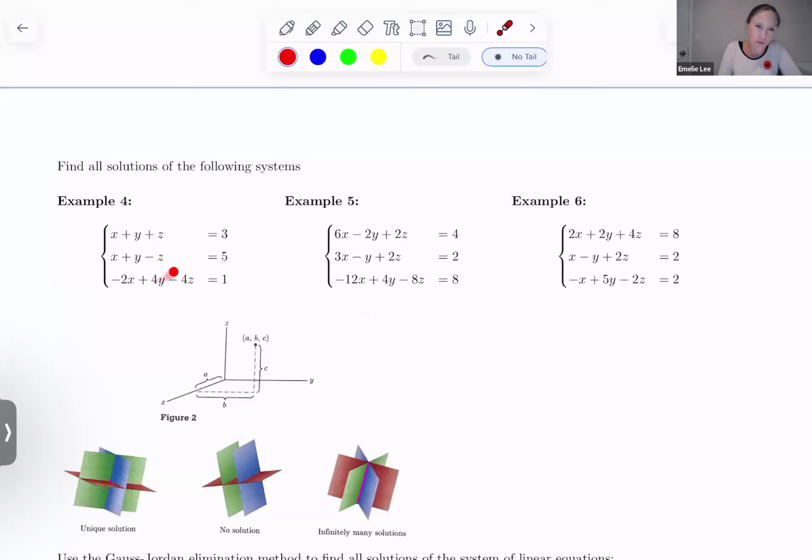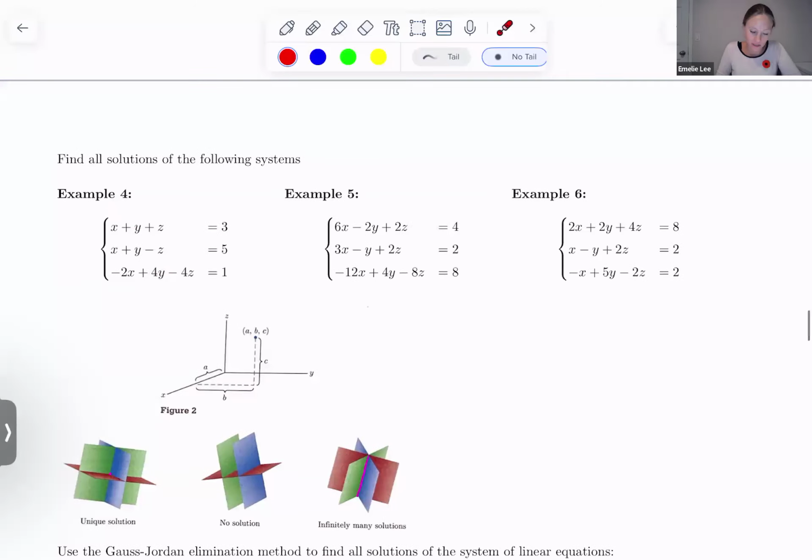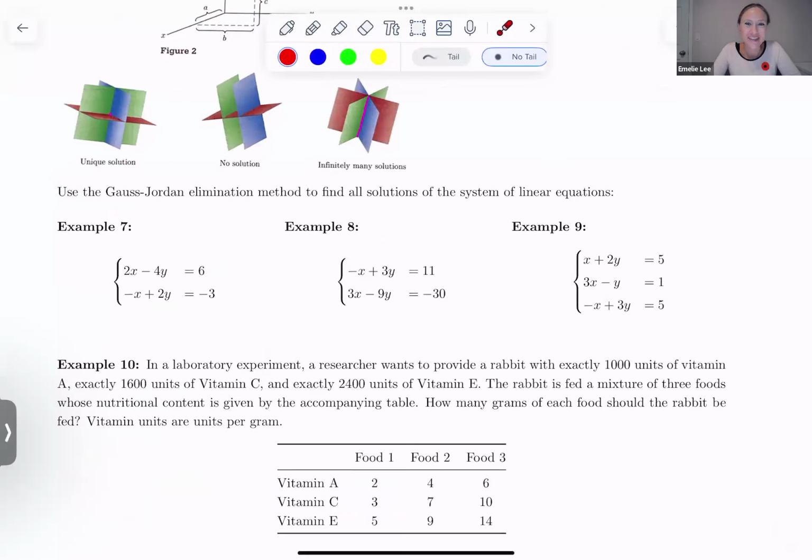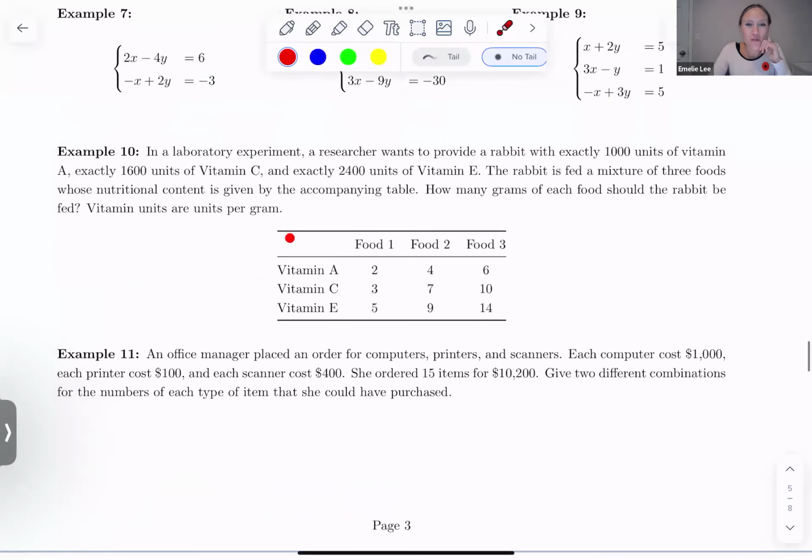This is the only one that I was going to do with you guys, but I think you can work through it on your own. Now you can read the solutions and they'll make more sense. You can follow along. And then I've got more examples for you to try, examples 7, 8, 9. And almost most importantly, I've set up some word problems for you to try to tackle on your own. I'll post the solutions when I post the notes.